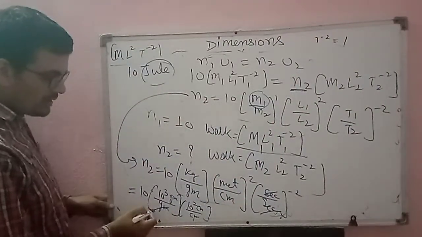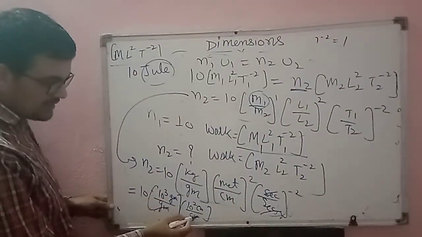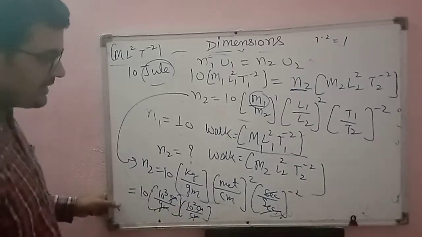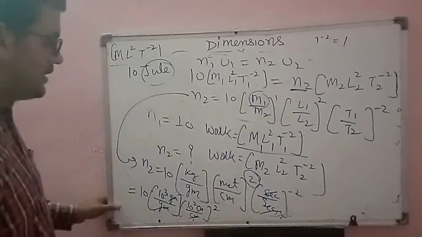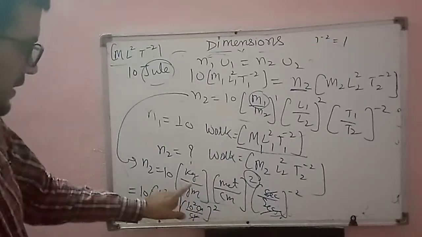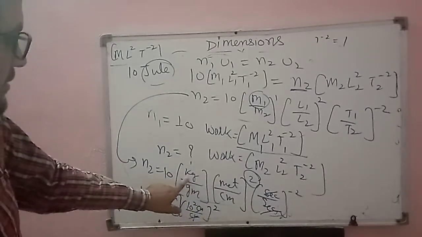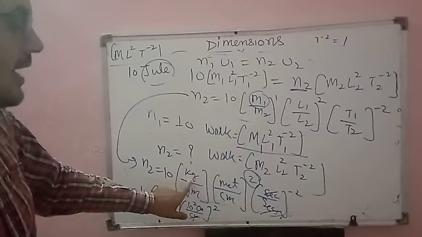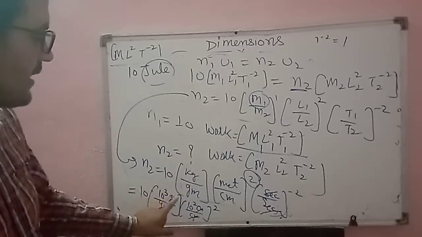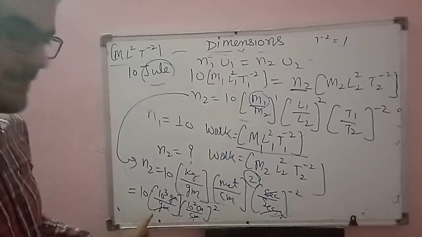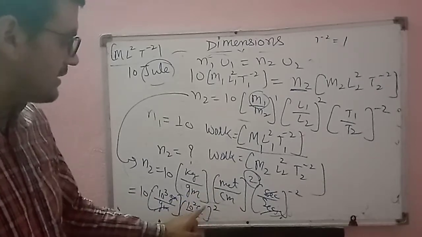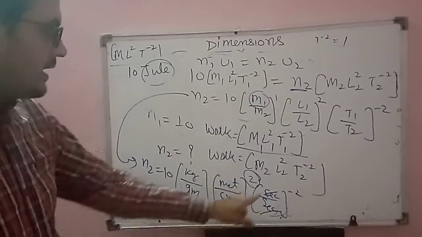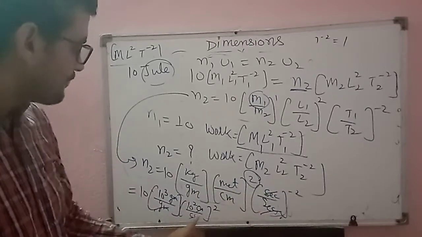So now you can cut this gram by gram, you cut by centimeter. Sorry, here the power is 2 also. Beta, what I have done, if you find any difficulty, I am explaining. In 1 kilogram there are 1000 gram, 10 to the power 3 gram. So we can easily cut gram by gram. In 1 meter there are 100 centimeter. You can easily cut centimeter by centimeter, and cut second by second.